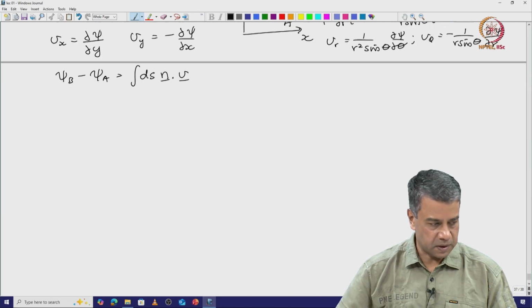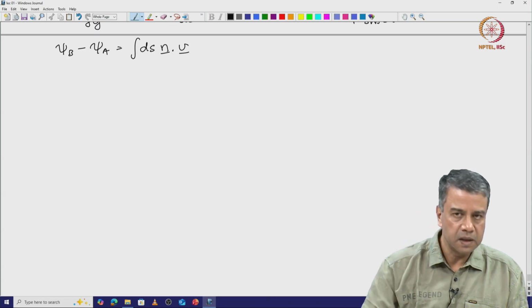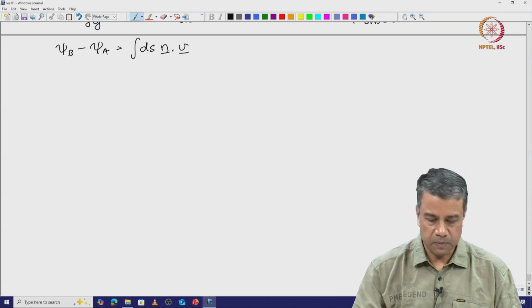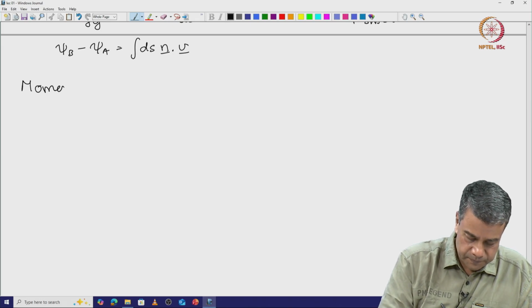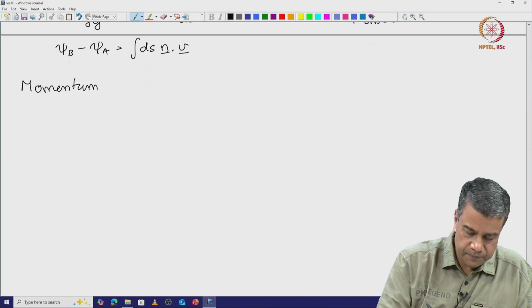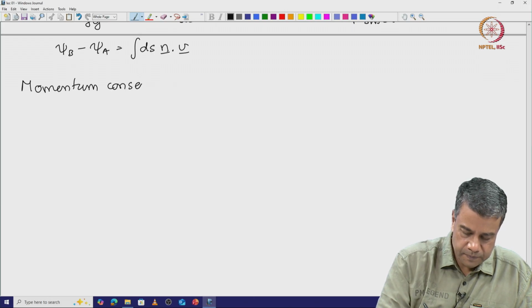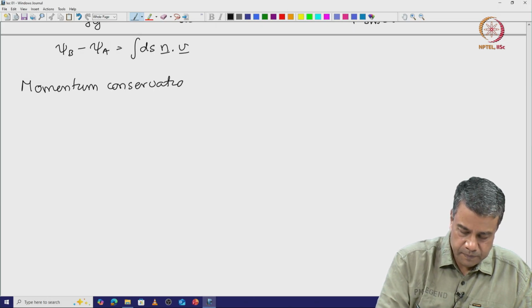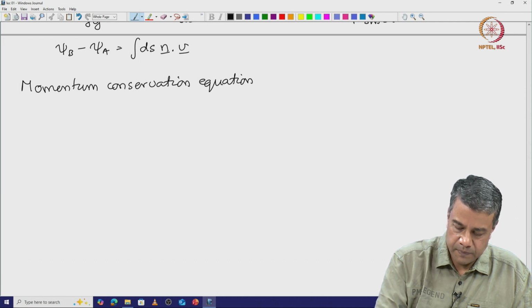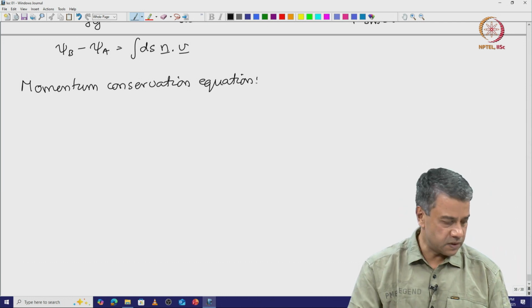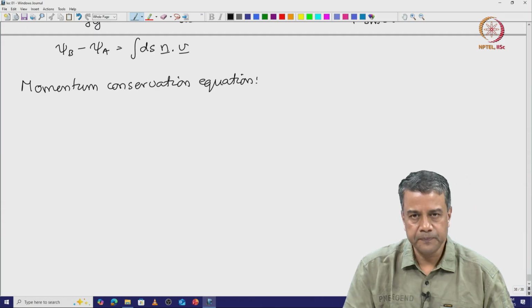So, that is where we were in the last few lectures. Okay. Now, we will go on to the momentum conservation equation. This is also called the Navier-Stokes momentum conservation equation.